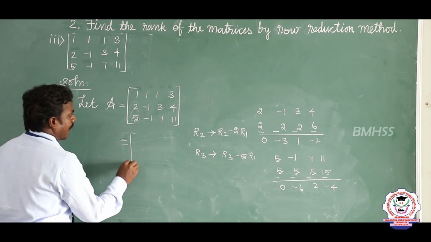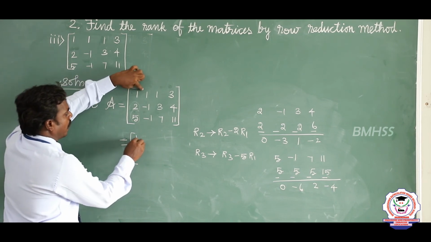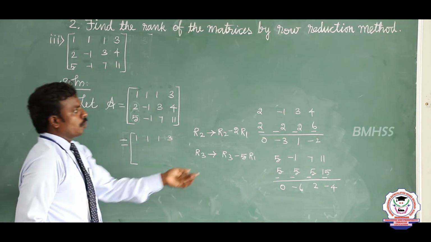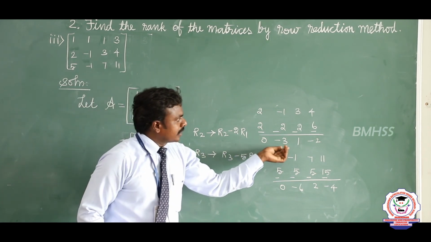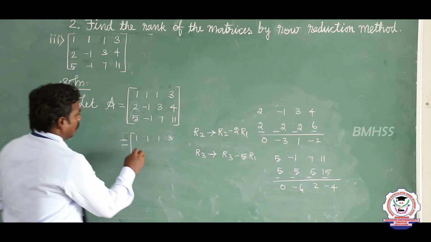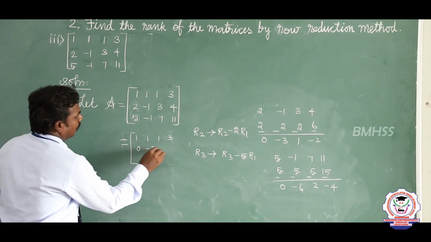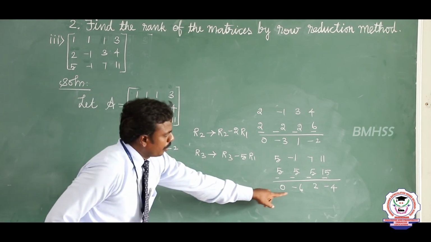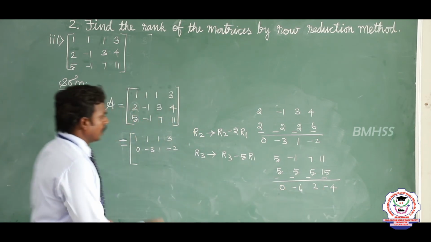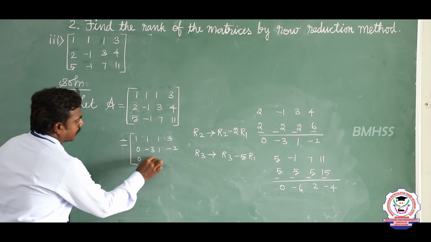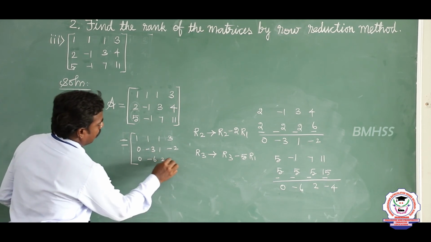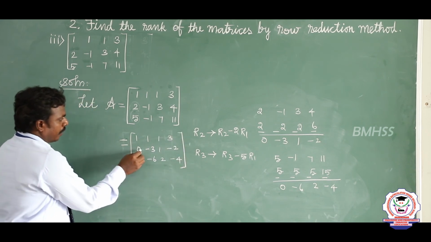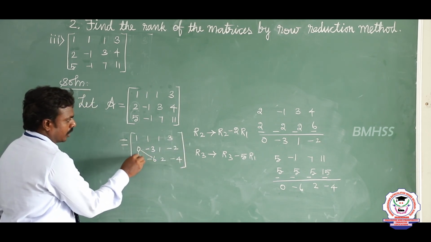From the given matrix, I am going to write the first row 1, 1, 1, 3, and the second row changes 0, minus 3, 1, minus 2, and the third row changes 0, minus 6, 2, minus 4. I want to get the triangle shape of zeros.